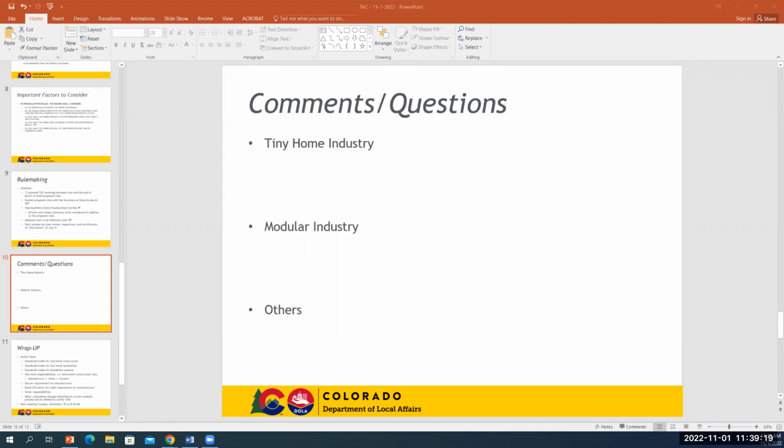The goal is to create rules that work for everyone, the industry, the state, and the consumer. And I really encourage all the tiny home folks to get input from their builders, their sellers, etc., about things that work, things that are a challenge, and just work with the TAC through the process.